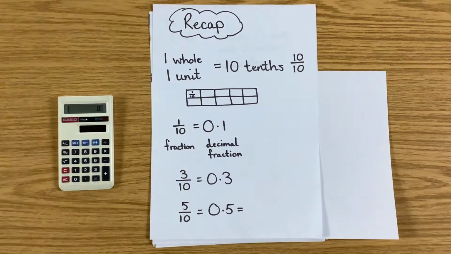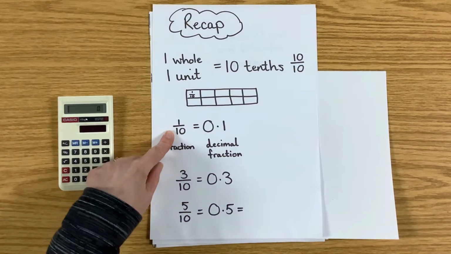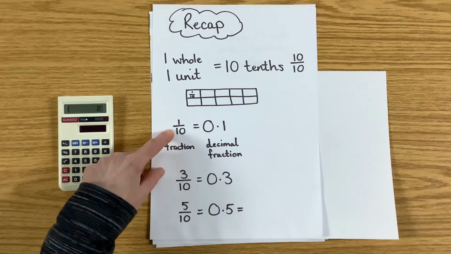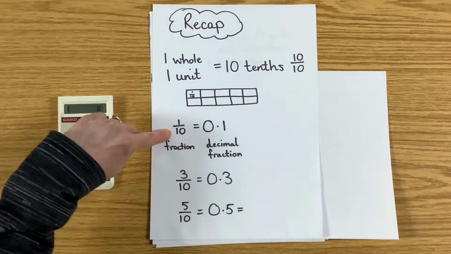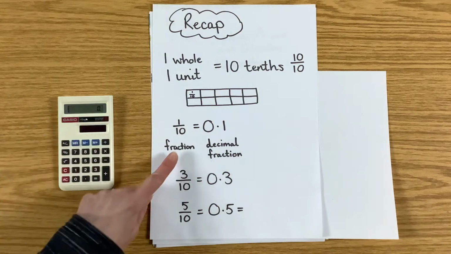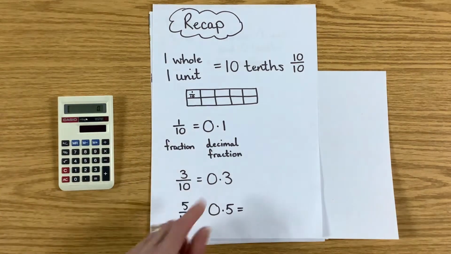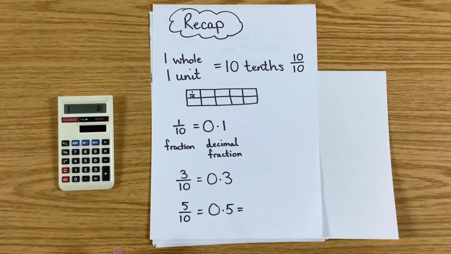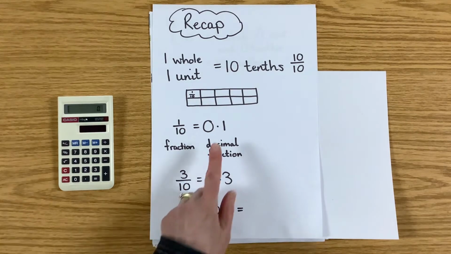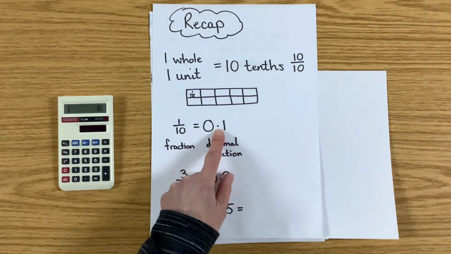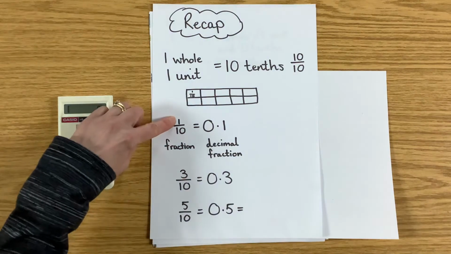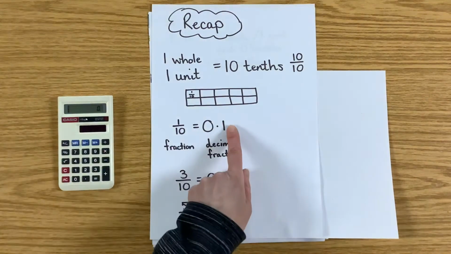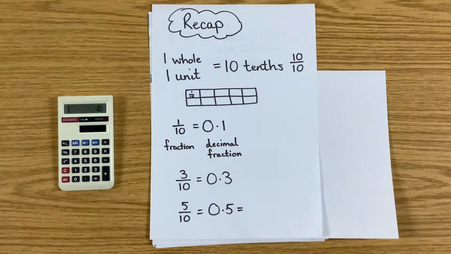What we've been learning about over the last couple of lessons is that we can take these tenths and write them as what's called a decimal fraction. So I can have an ordinary fraction that has a numerator and a denominator. Or I can turn it into a decimal fraction, where we have a decimal point, and the number that was the numerator becomes the first number after the decimal point.